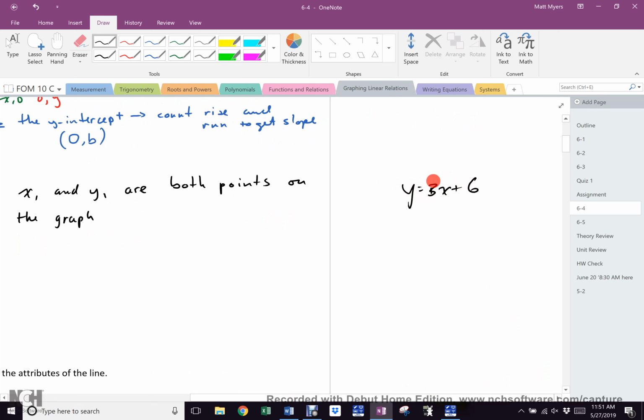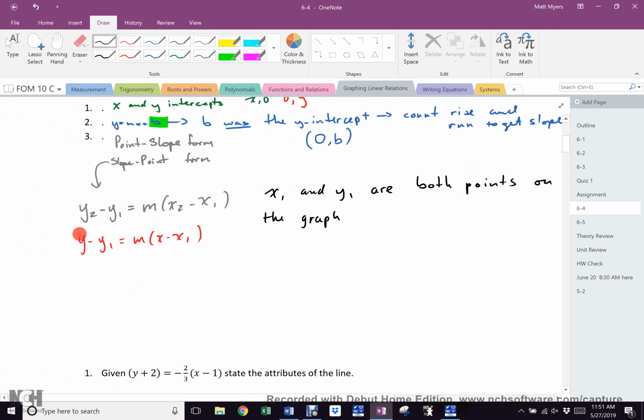What is it? 6 on which axis? The y-axis. Because we have the y-intercept, yeah? Well, in this form, these 2 points, whichever way you write it, that's our starting point. But you'll notice it's not (0, y). We're not throwing out the x. It's actually part of it.